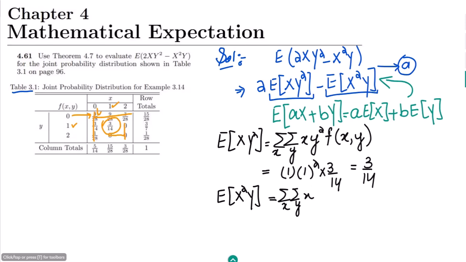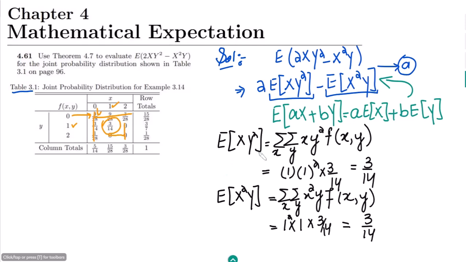Here we will have x square y f of x and y. Okay, so putting all the values just like it, we will get here 1 square multiplied by 1 multiplied by 3 by 14. So the answer of it will be 3 by 14.